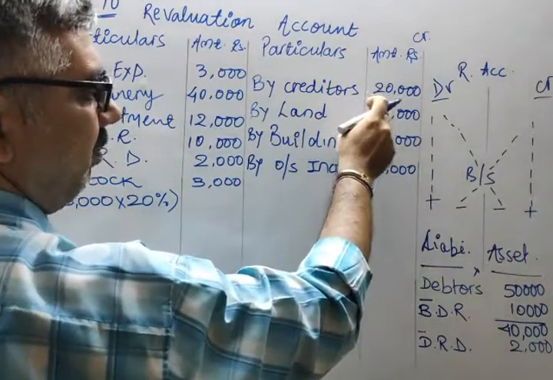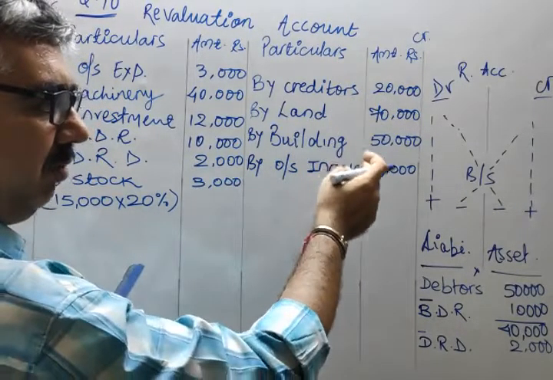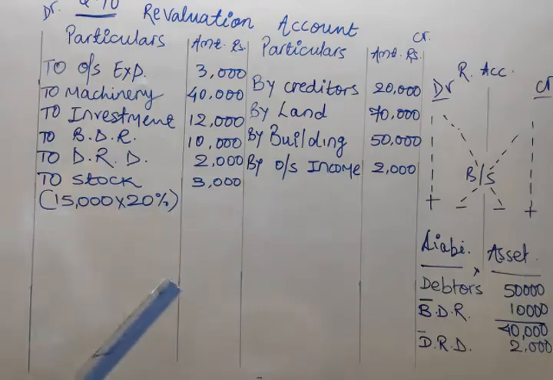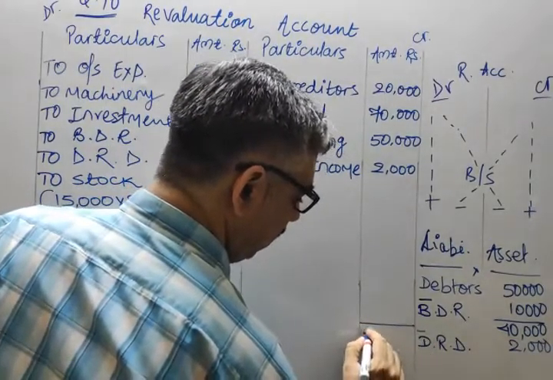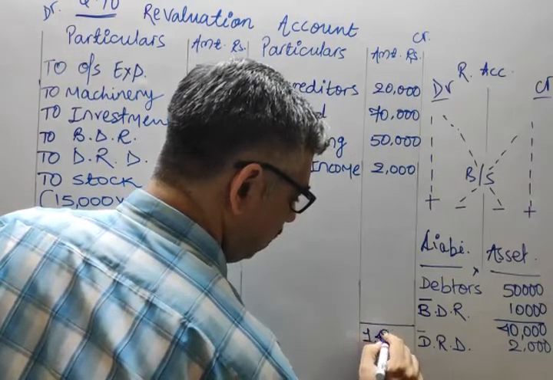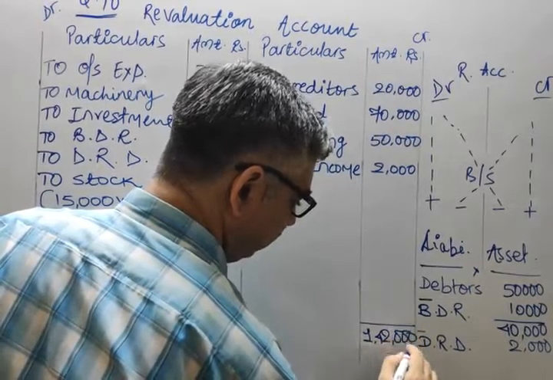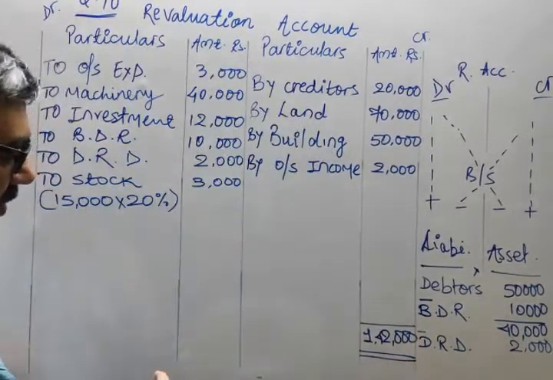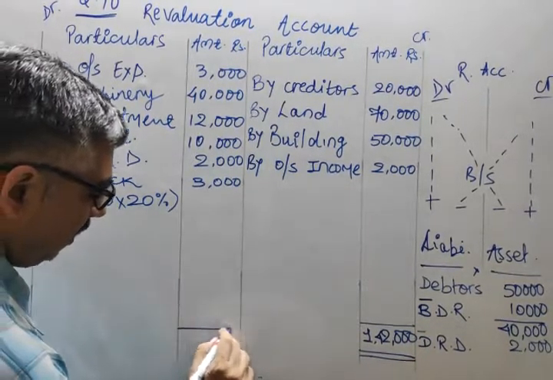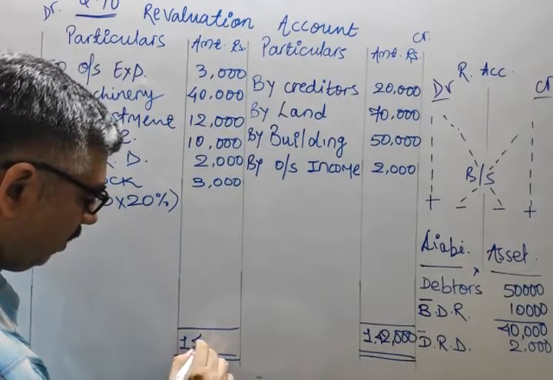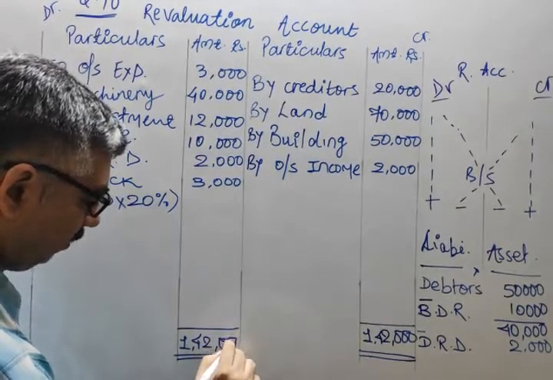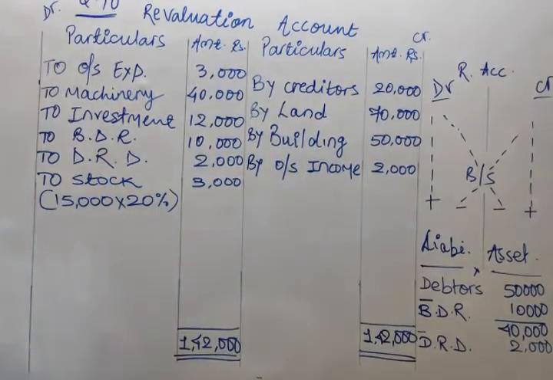Obviously, 20 plus 70, 90 plus 50, 140 plus 2. So the overall total of credit side must be 1,42,000. The same total must be on the debit side, 1,42,000. Is it clear?